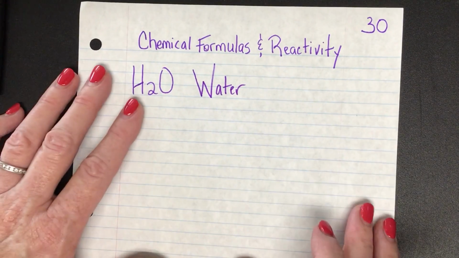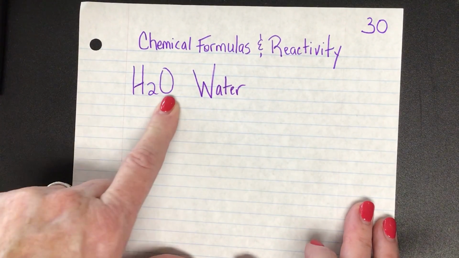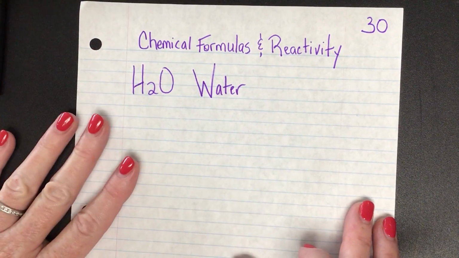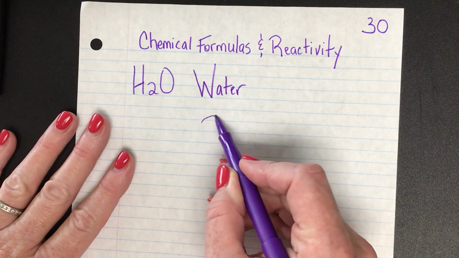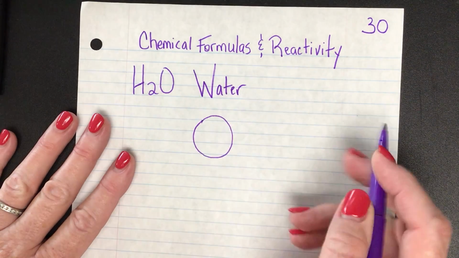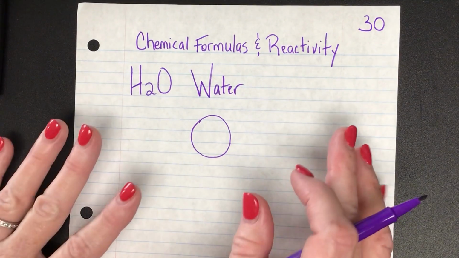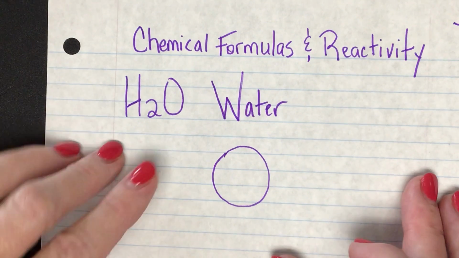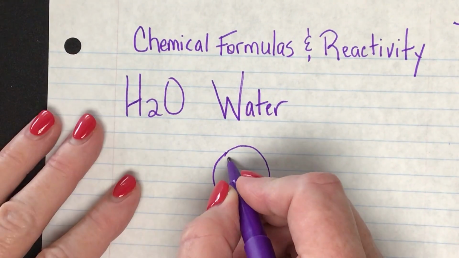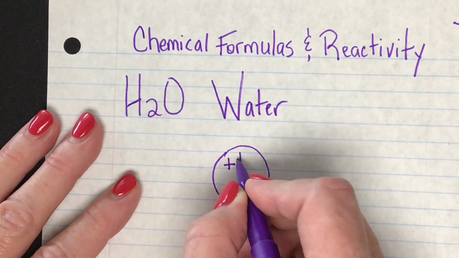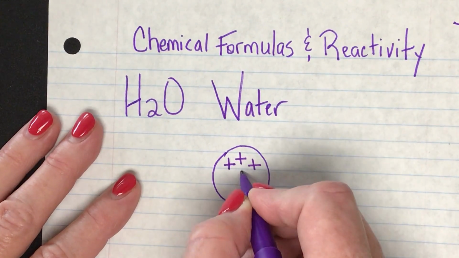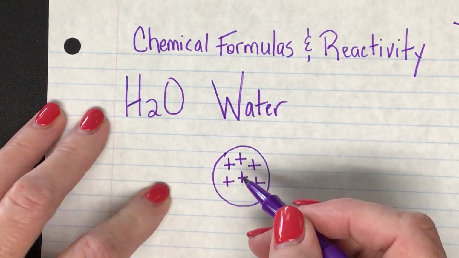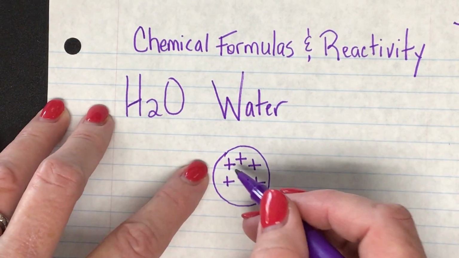Now, we get water because oxygen bonds with how many hydrogens? Two. Okay, so what we're going to do is take oxygen, and if you look at the periodic table, what would we look at to tell how many protons there are? Good, the atomic number. So oxygen has 8 positively charged particles called protons.